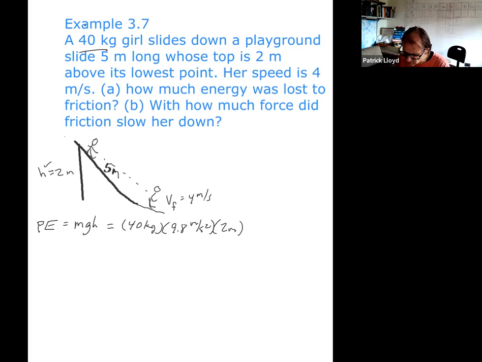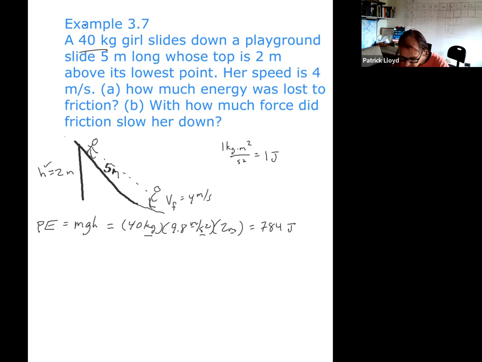So we have 40 times 2, which is 80, times 9.8, 784, it looks like to me. Now, remember the units? Kilogram, meters times meters, that's meters squared, divided by seconds squared. That's the same thing as joules. A kilogram meters squared per second squared, we call that a joule.